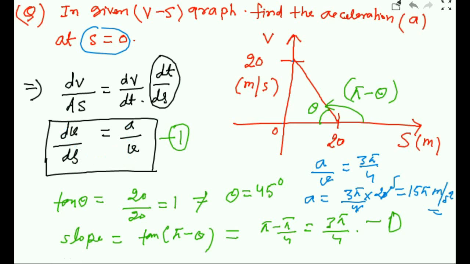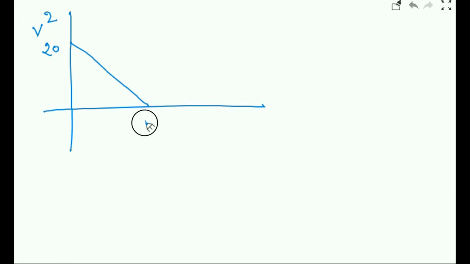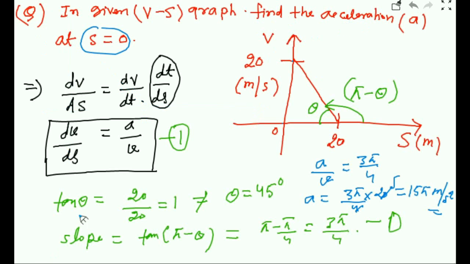But suppose that you are given v square, and the same 20, and here is also given 20, in a velocity square and position graph, then you have to find what about the slope. So dv square by ds, differentiate this one, so 2v into dv by ds, and as you know dv by ds equal to a by v.